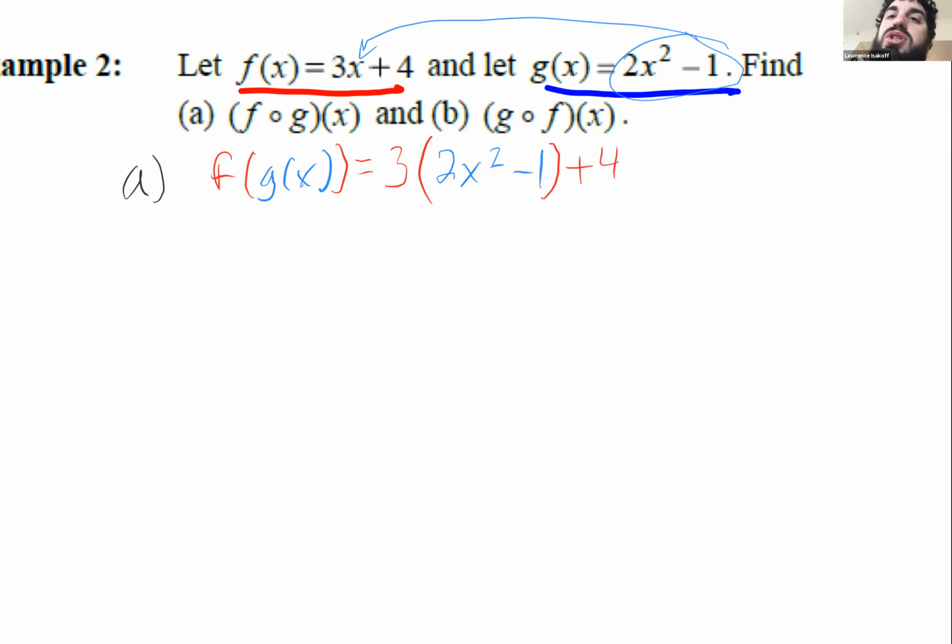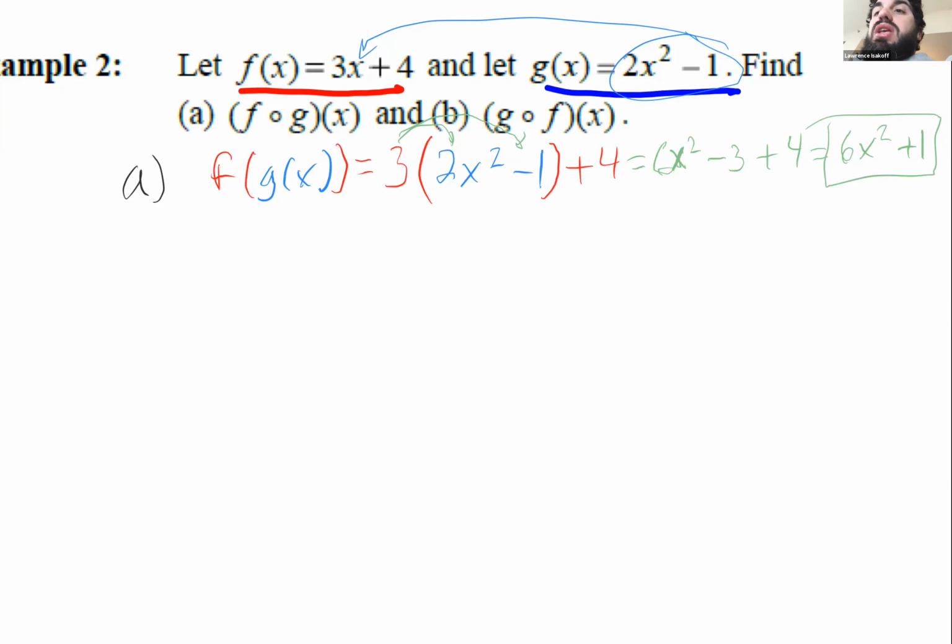Now all we have to do is simplify from here. Start with distributing the 3. 3 times 2 will be 6x squared, minus 3 plus 4. Well, negative 3 plus 4 is just 1. 6x squared plus 1. And that's it.